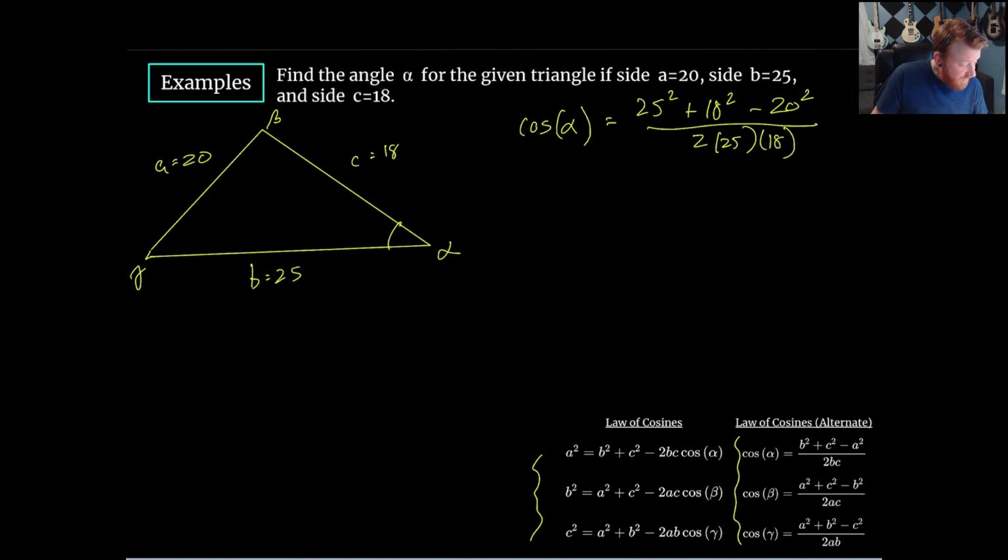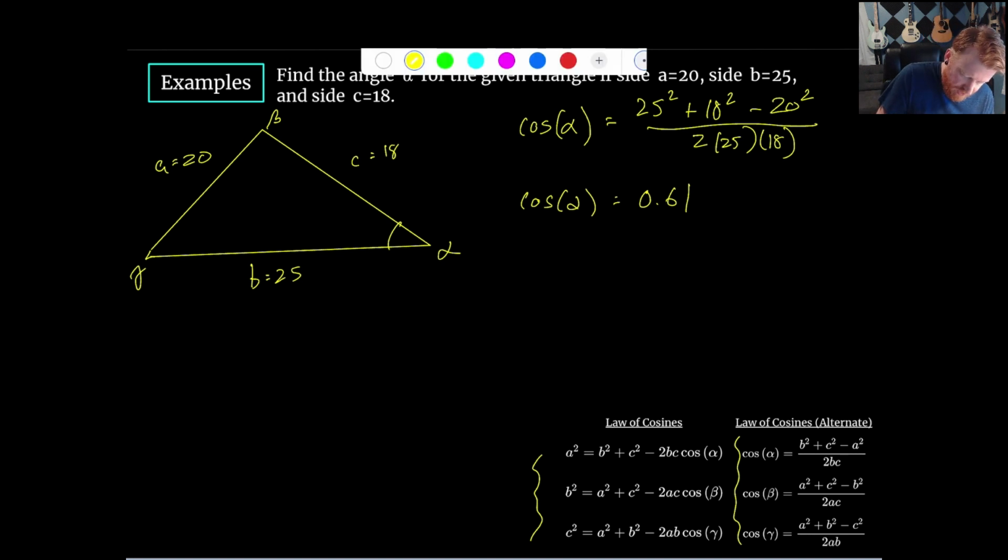All right, and we will put that into a calculator, and we are getting that cosine alpha is equal to exactly 0.61, as it turns out. So not even an approximation there. We're going to have to approximate anyway, because now we're going to take the cosine inverse of both sides. So this will be our first cosine inverse, I think. Maybe not.